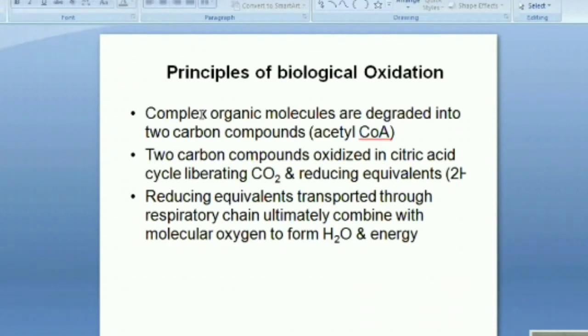The reducing equivalents are transported through the respiratory chain, the electron transport chain, that ultimately combine to form water and energy. Water and energy.